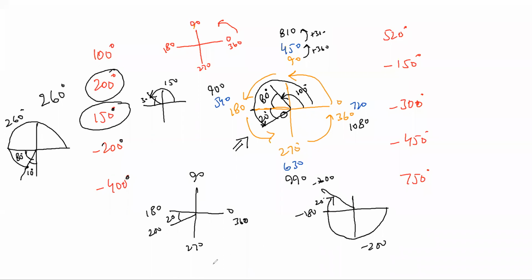Okay, now let me ask Zainab Sanaullah. Yes beta, tell us about this minus 400 degrees. Sir, fourth quadrant or 40 degrees? Fourth quadrant. Think again. Fourth quadrant.